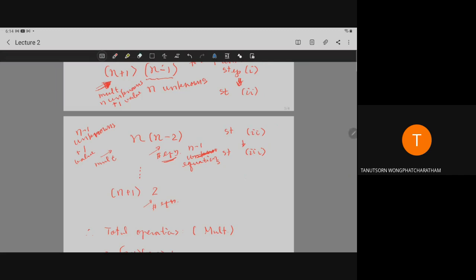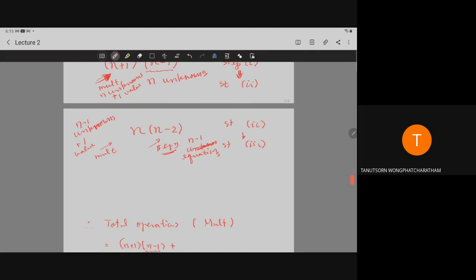If I go to the next step, from step 3 to step 4, for example, then I will have n-3, multiplied with n-1.